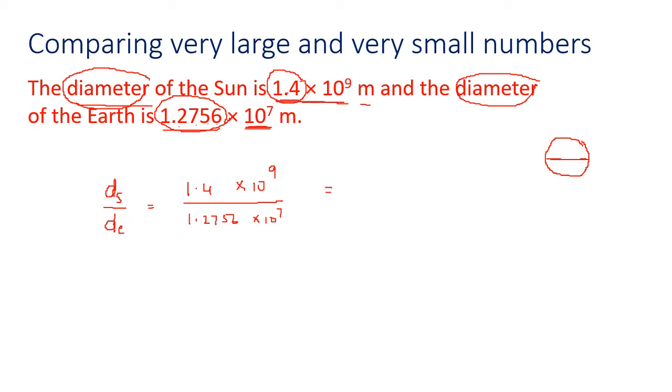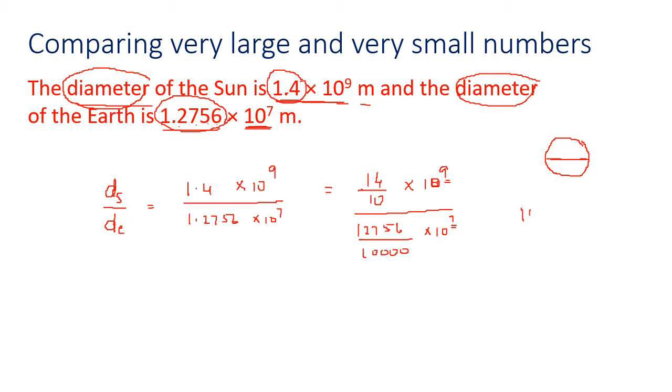I can write 1.4 as 14 upon 10 into 10 raised to 9, and this I can write as 12756 upon 10,000 into 10 raised to 7. Now you can see, to compare, this is 10 raised to 9 and this is 10 raised to 7. I either have to make the 9 into 7 or the 7 have to turn into 9.